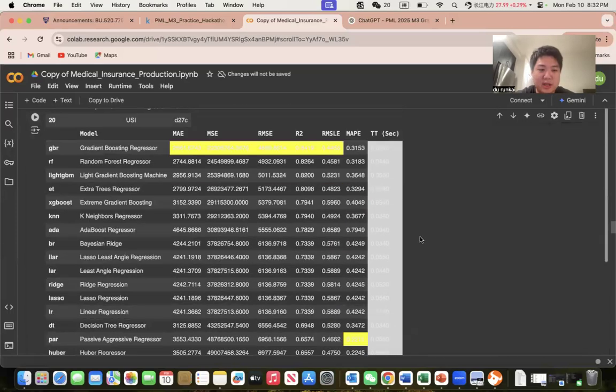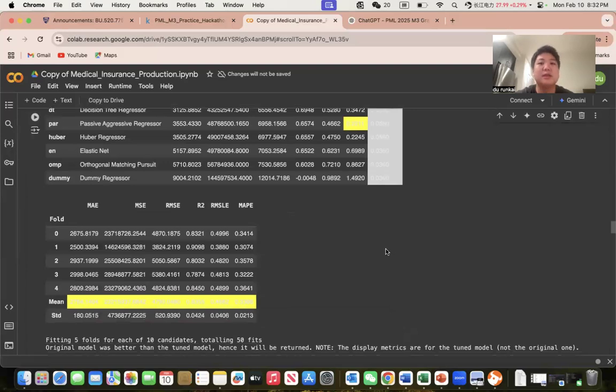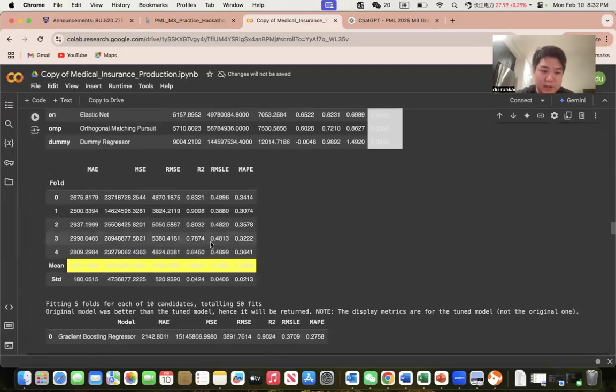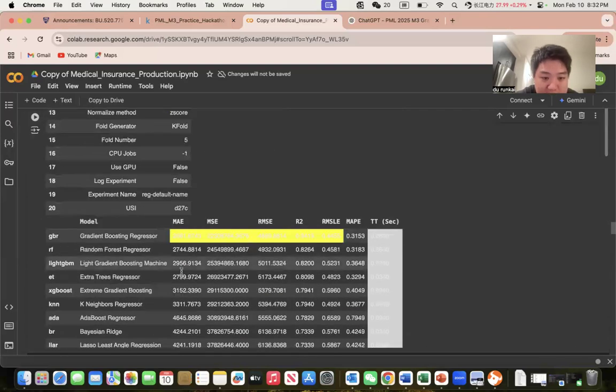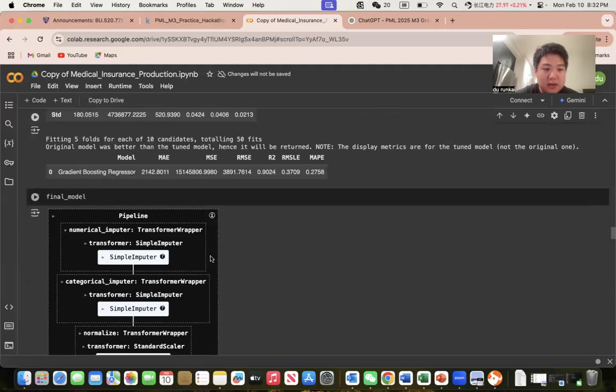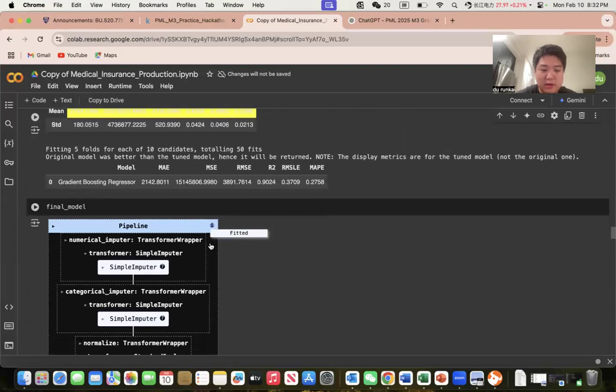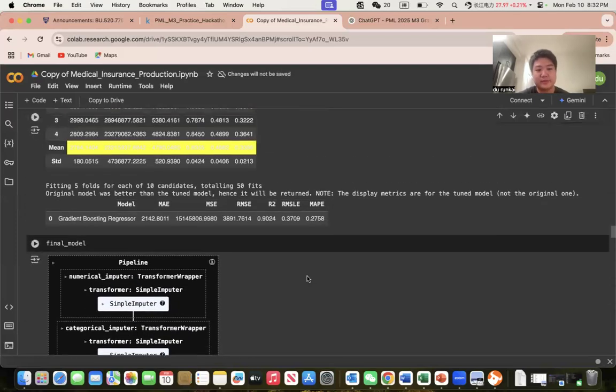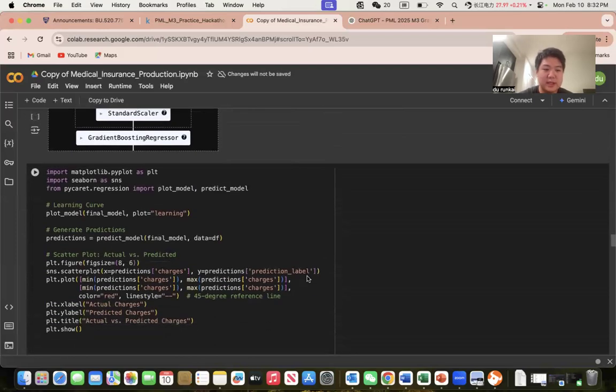After we use the five-fold tuning, the R square comes to 0.835 and the MAPE is 0.386. The mean square error is getting higher, but the mean absolute error MAE is getting lower. So that is our final model, the XGB model.